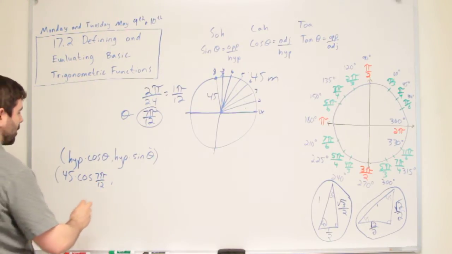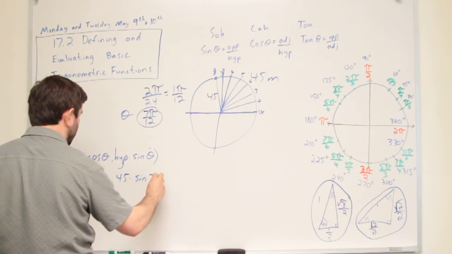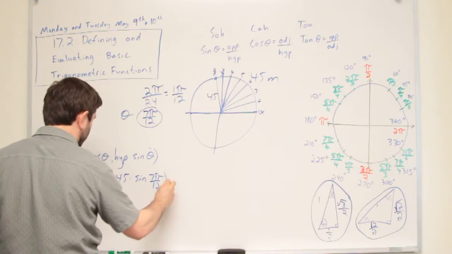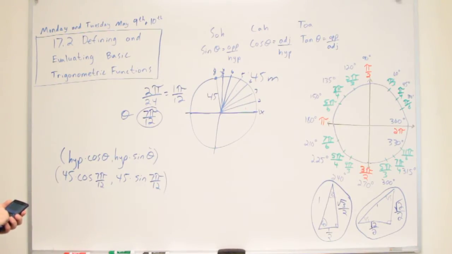Our y coordinate will be the hypotenuse, 45, times sine of 7 pi over 12. And using radian mode in our calculator, 7 pi divided by 12, cosine, times 45.